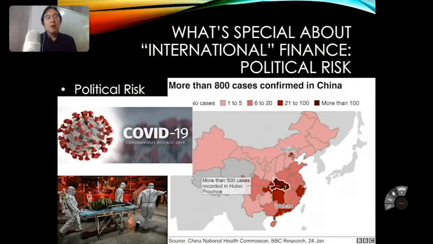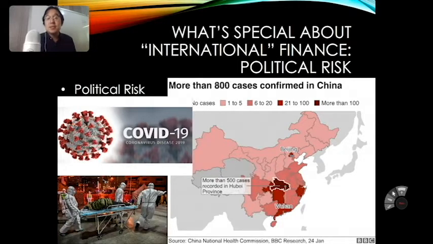Don't worry. But another kind of political risk is taking place these days all around the world. The outbreak of infectious disease is another factor that we have to worry about from now on. Coronavirus 19, right, which started in Wuhan, China, about early January or sometime, or even earlier than that, we don't know.